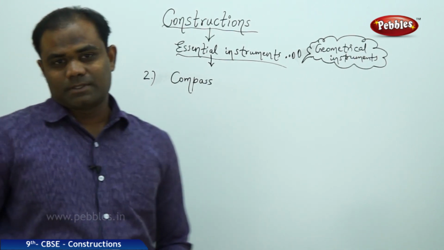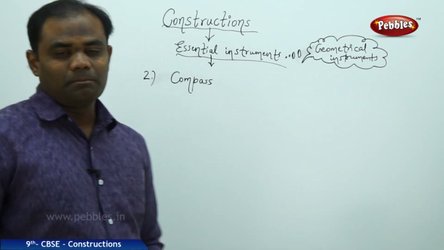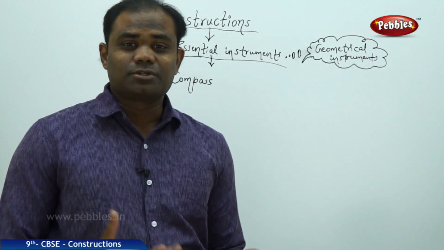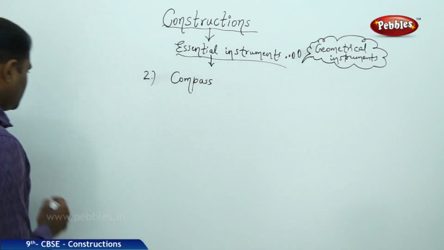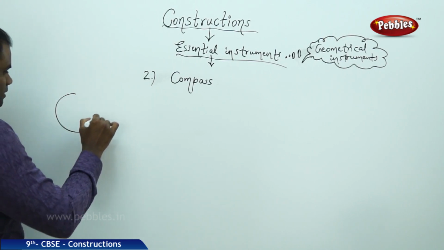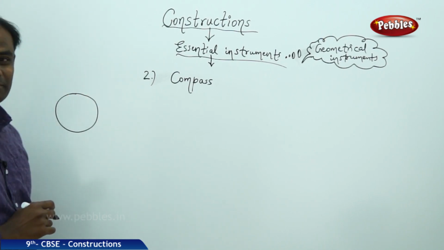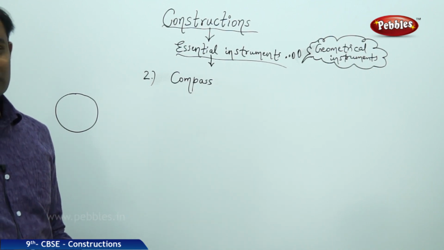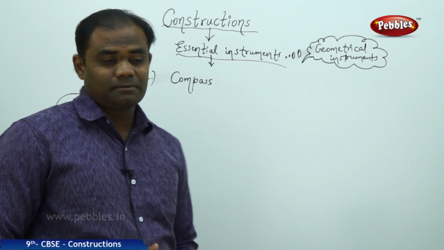So what is the compass? Here a compass refers to a circle. What we have discussed needs to be perfect. Imagine I have a circle drawn by hand. I may not get a perfect circle. But if I take a compass and draw a circle, it would be exactly perfect.